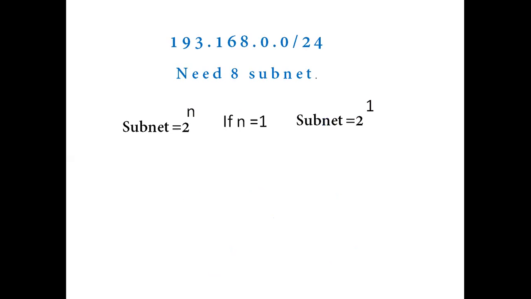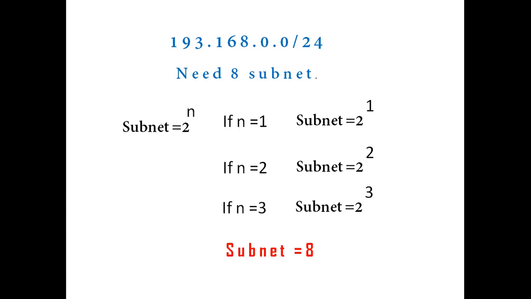If you convert only one host bit into a network bit, you will get only 2 subnets. But if you convert 2 host bits into network bits, then you will get 4 subnets. But the requirement is 8 subnets. So if n is equal to 3, the subnets you will get is 8. So you should convert 3 host bits into network bits here.